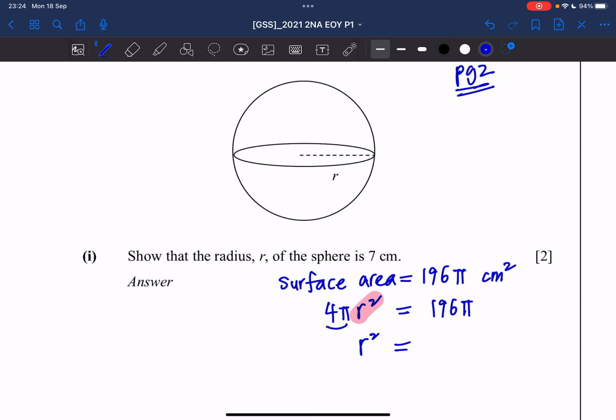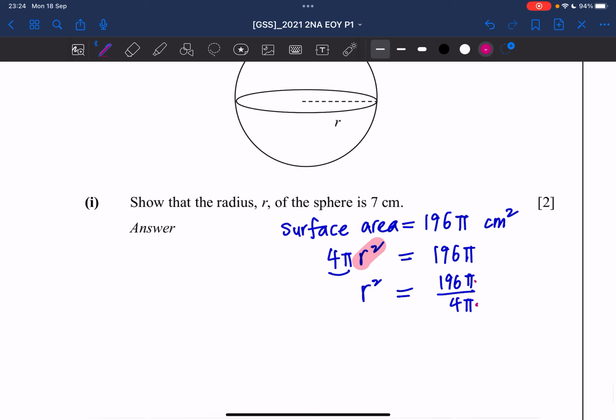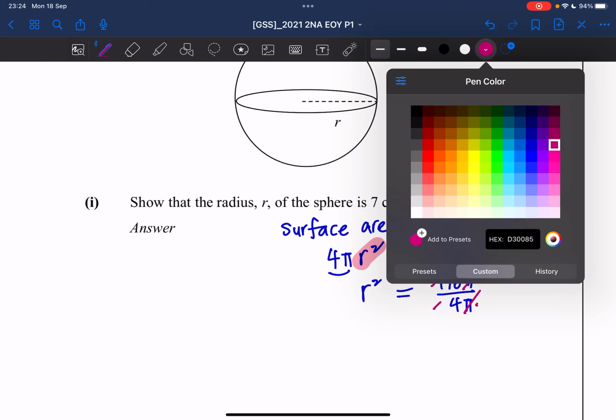Then this 4 pi, we bring it over. So it becomes divide 4 pi. So don't worry about this. The pi, please don't be scared. This pi and this pi, can you see, you can just cancel off the pi. So in your calculator, you key in 196 divided by 4. So answer is 49.